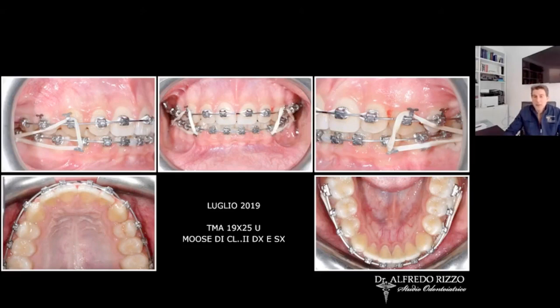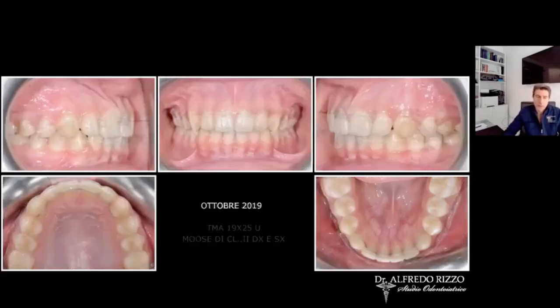We use class 2 elastics. In this case, I give them in a triangle shape in order to keep the bite in the canine stable, but I leave a small horizontal component that will continue to correct the bite class.